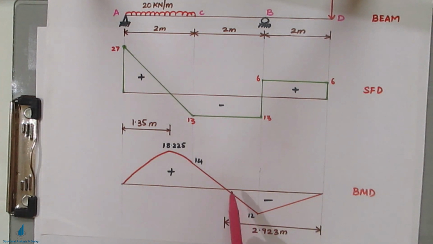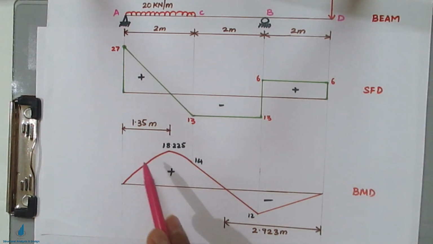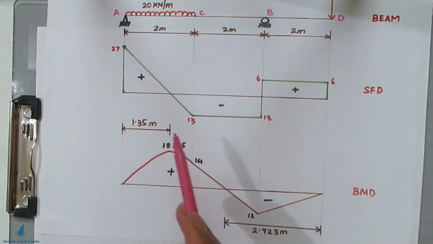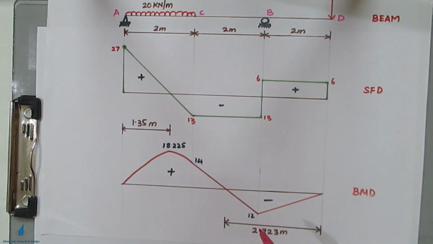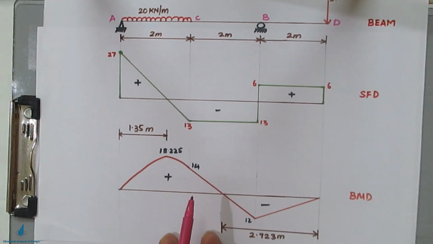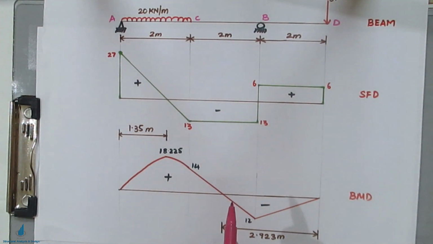So this was the point of contraflexure, and this was the maximum bending moment ordinate when the shear force changes its sign from negative to positive. And the bending moment changes sign at that distance of 2.923 for that particular zero bending moment value. So this is how you calculate point of contraflexure and the maximum bending moment ordinate. These are all the salient features of this shear force and bending moment chapter.